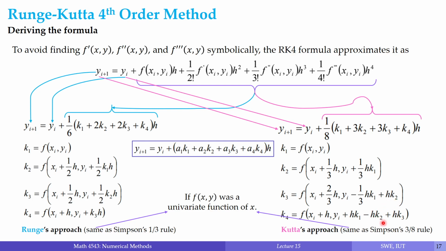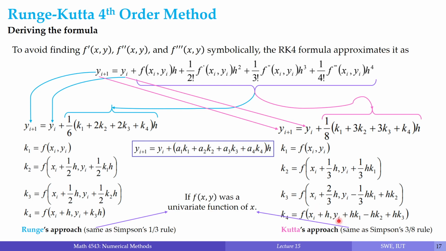He subtracted that and he added h times k3. So of course k3 is the preceding value for k4, right? And whatever we end up with after performing this set of algebraic operations, he said that's the approximate value of the dependent variable y at the point xi plus h, when the abscissa is xi plus h.